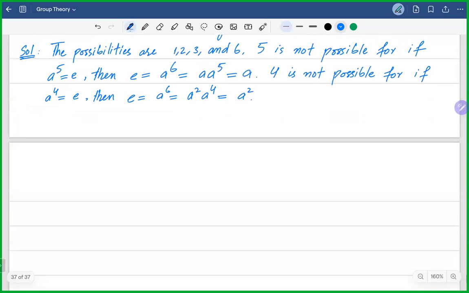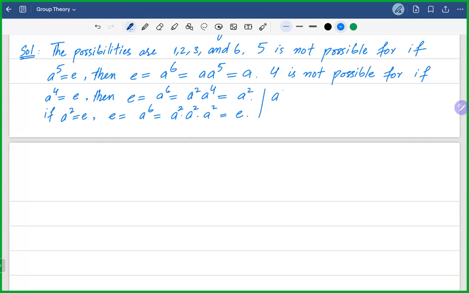But all the other elements, like 1, 2, 3, and 6, are possible. If A square is E, then E is going to be A power 6, which is going to be A square into A square into A square, which is going to be E again.